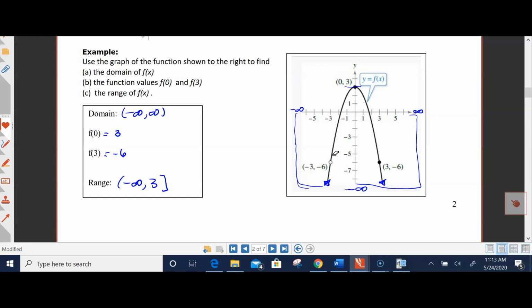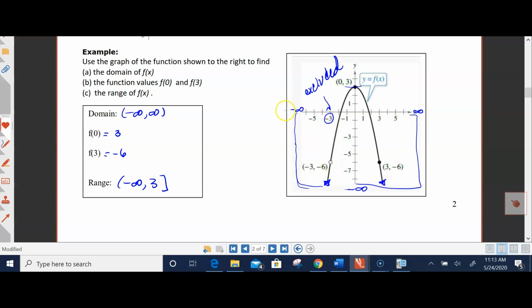But I have that open circle. And that open circle means something needs to be excluded. I cannot include this value in my domain. So this value right here, negative 3, has to be excluded because of this open circle.